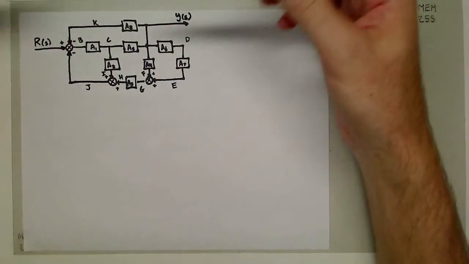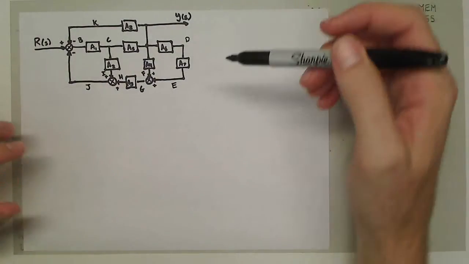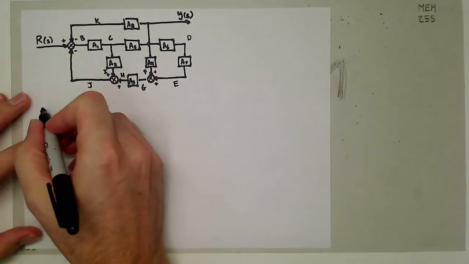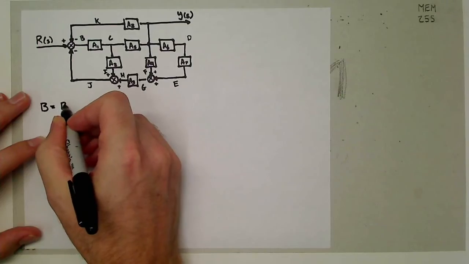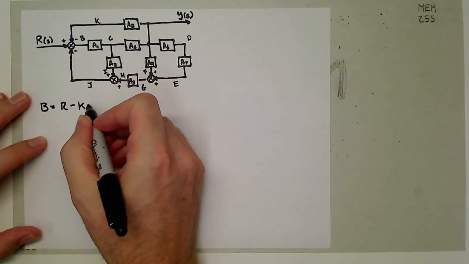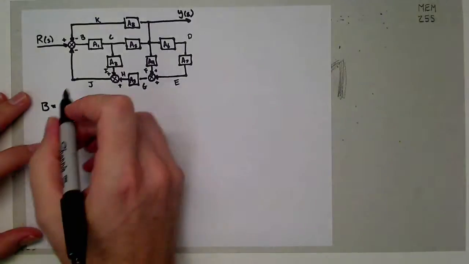So now I just need to build relationships between all the nodes I've labeled. So I'll start with B. I know that B is equal to R minus K minus J. Okay.